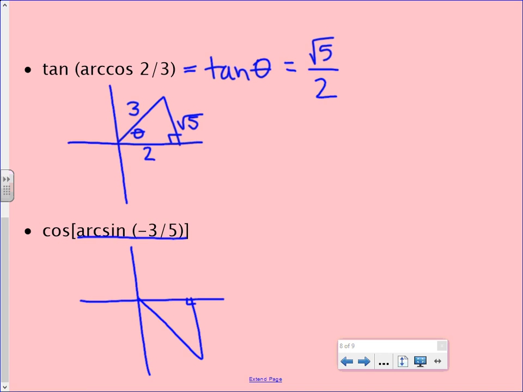Since it's arc sine, it needs to be in the fourth quadrant. And our sine ratio is -3/5. What would this adjacent side right here be? Okay. So now we're looking at the cosine of that angle, adjacent over hypotenuse, 4/5.